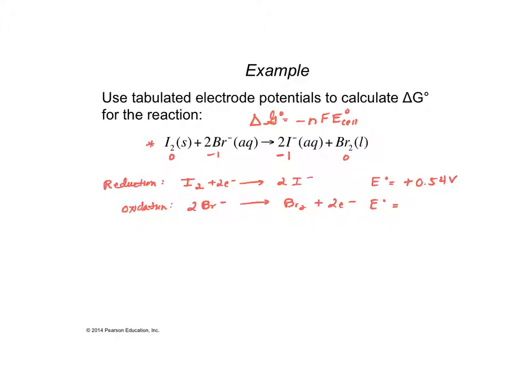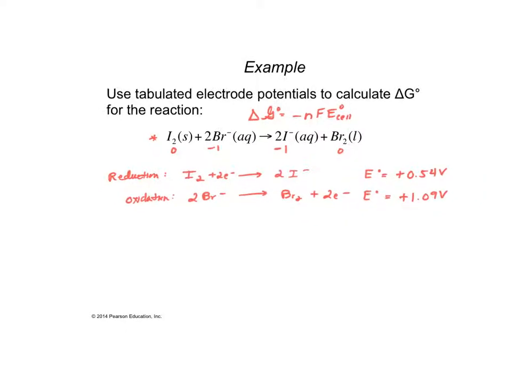And same thing for the bromine, I get a positive 1.09 volts. Those are just coming from me looking those values up in the table. Again, the purpose of this is calculating delta G, but we're going to have to do that through calculating the cell potential. I now have my 2 half reactions and their standard reduction potentials.